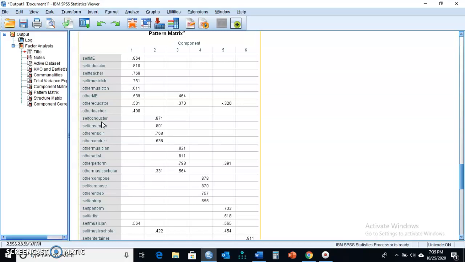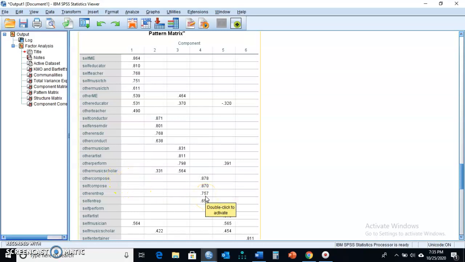So that makes sense to call it ensemble leader. Now the third one, they labeled external identity, because as you can see, other musician had to do with other people's perceptions of them as a musician, other people's perceptions as an artist, as a performer, as a scholar of music. So they called this external identity as a theme.